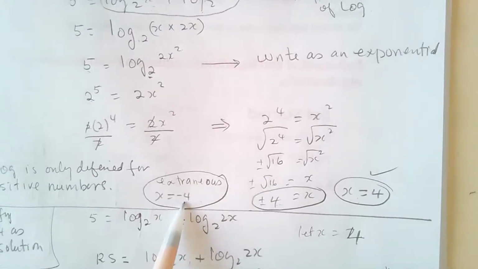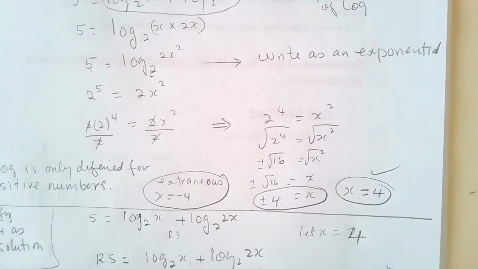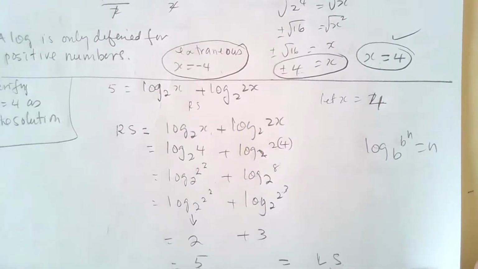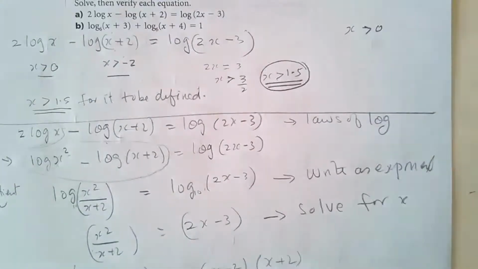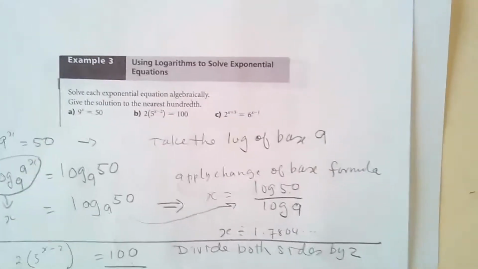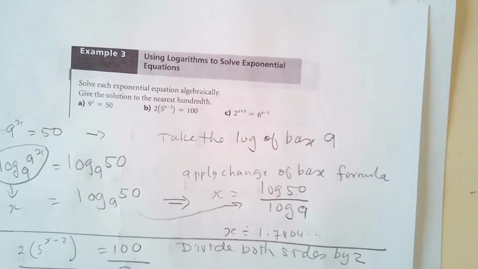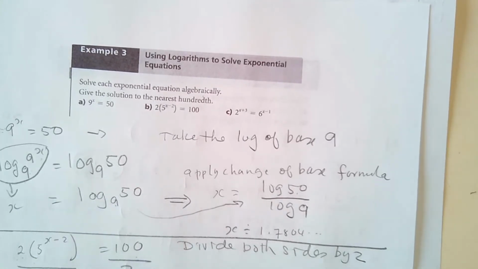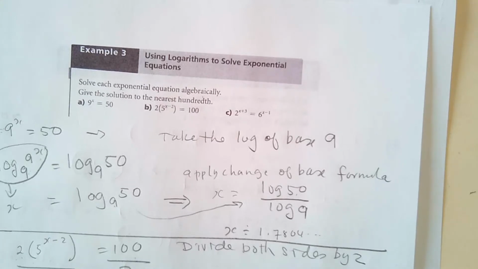If it's negative, we can't have a negative number for a log, it is extraneous, and then we verify our solution. Finally we looked at solving exponential equations, and mostly we applied the power rule, product rule and the quotient rule. So we applied all 3 of them and the change of base formula.